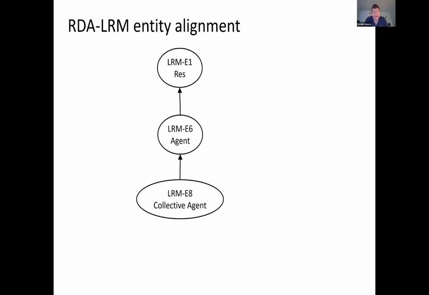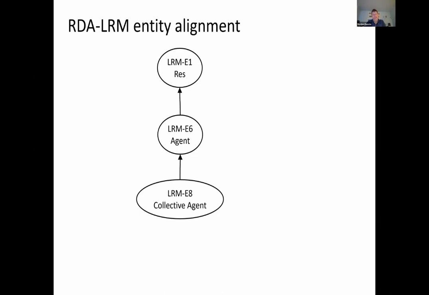So one of the first things that we have to do when we look at the model and decide whether it has the correct entities for our application, we have to align the entities that we need in our local ecosystem with the entities that are being presented in the model, which is a global ecosystem in terms of the LRM. The LRM is attempting to model the universe of human discourse, as it says. It's quite wide-ranging.